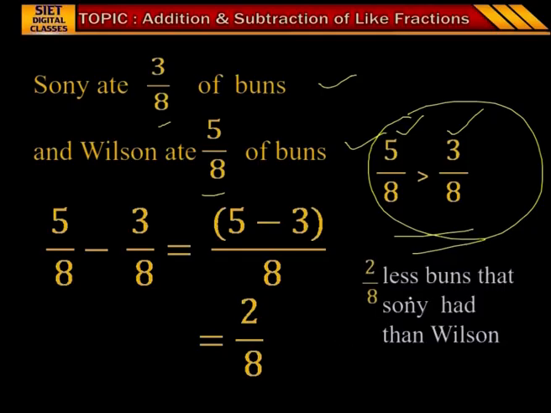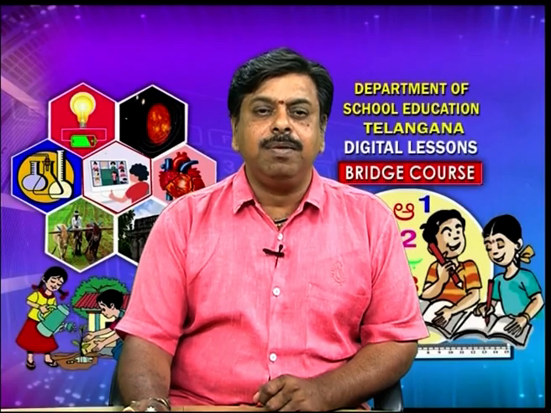That means Sony had 2 by 8 fewer buns, that means 2 parts of 8 fewer buns than Wilson, or 2 out of 8 fewer buns. Then when we subtract two like fractions, see on the screen, 8 by 3 minus 7 by 3.